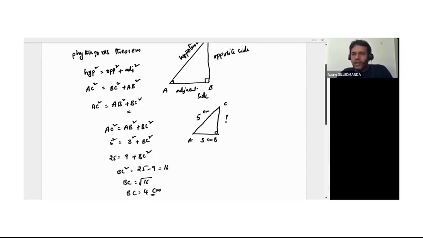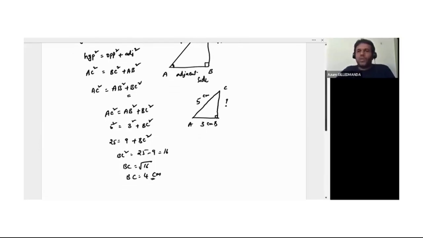So in a right angle triangle, if we know any two sides, it can be opposite side and adjacent side, or opposite and hypotenuse, we can find the third side, whichever side we don't know. In this case, we know the hypotenuse and the adjacent side, and we found the opposite side.